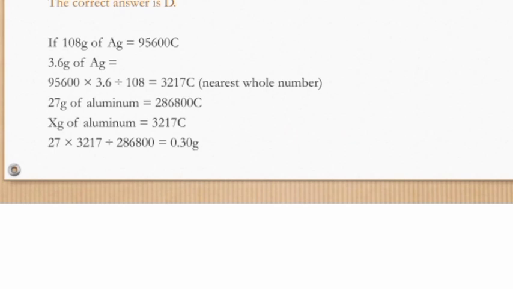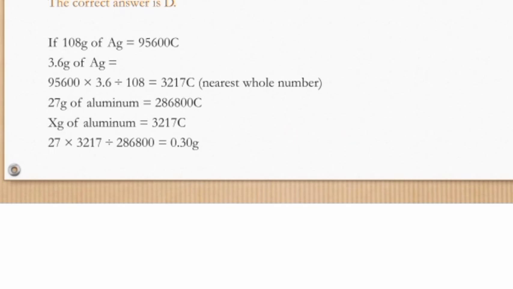If it's monatomic, you say 1 times 96500; if diatomic, 2 times 96500; and triatomic, 3 times 96500.